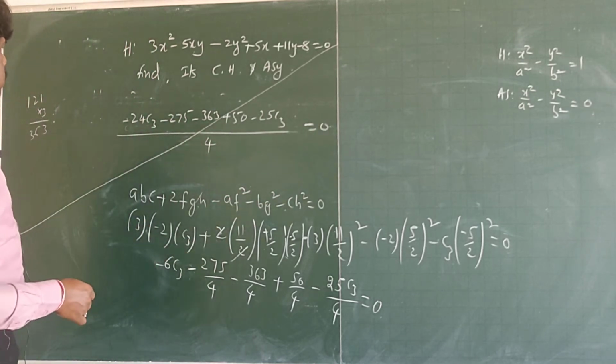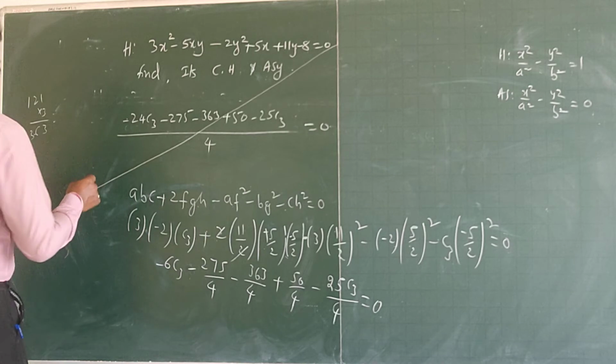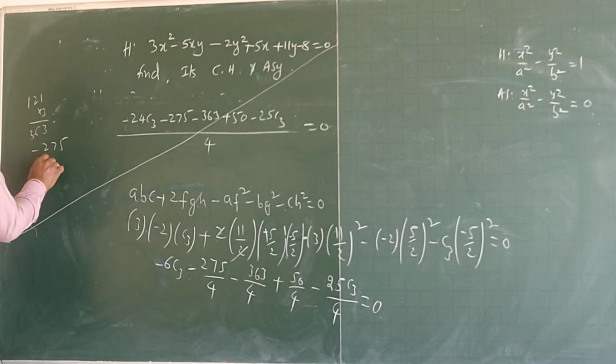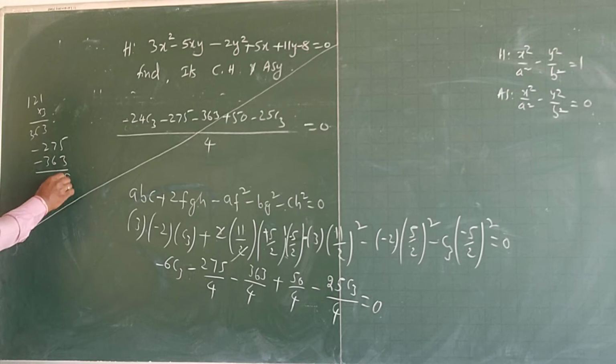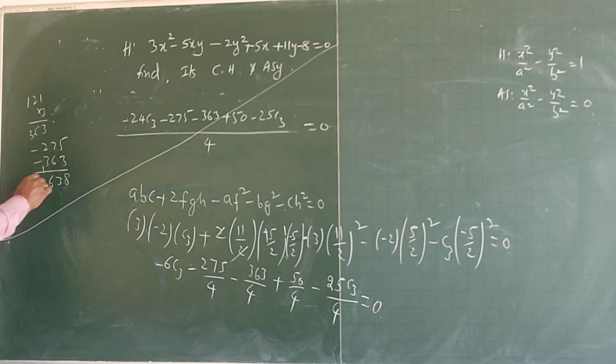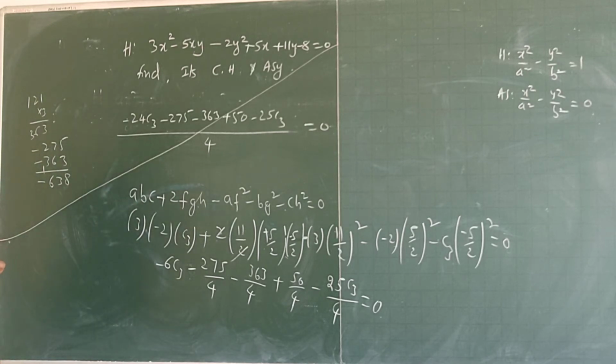Minus 275 minus 363 gives minus 638, and 638 plus 50 gives minus 588.